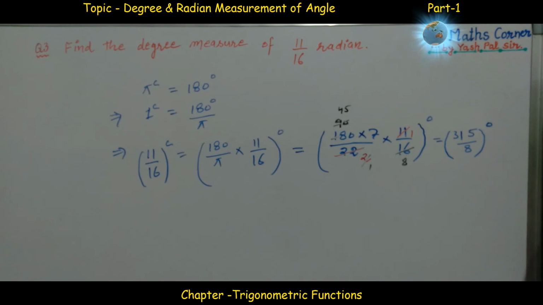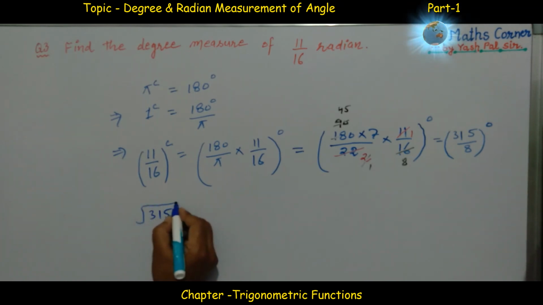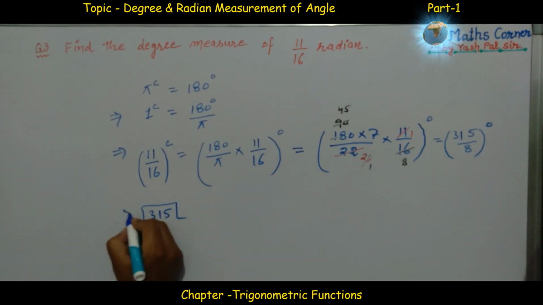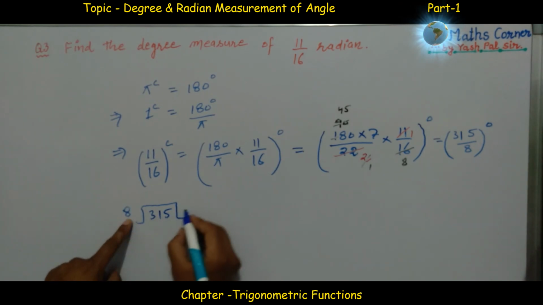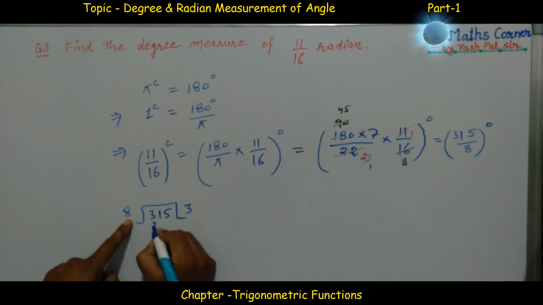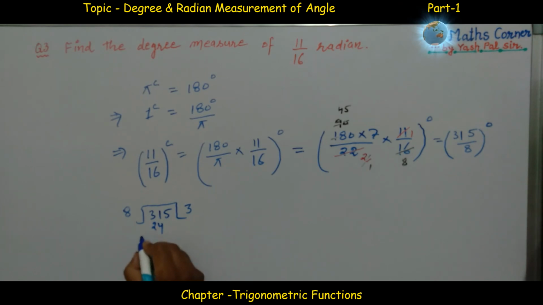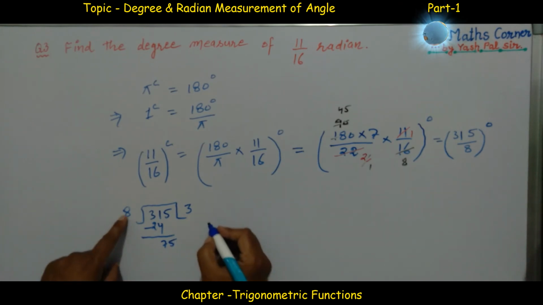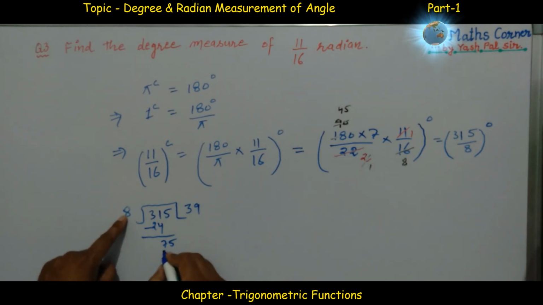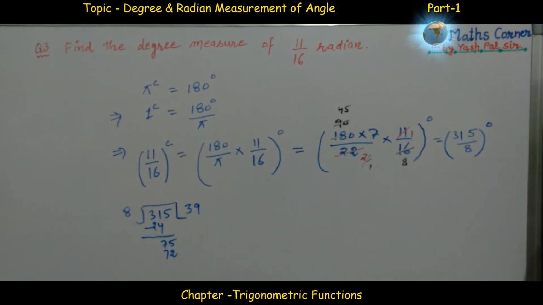Now the thing is, what we shall do here. First of all, we divide 315 by 8. Okay, 8 into 3, 24, minus, this becomes 7, 5, 8 into 9, 72, 3 is the remainder.